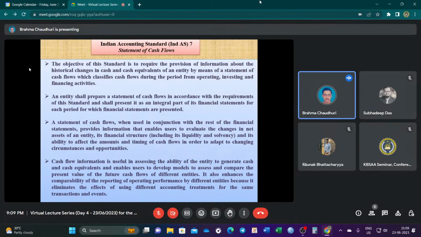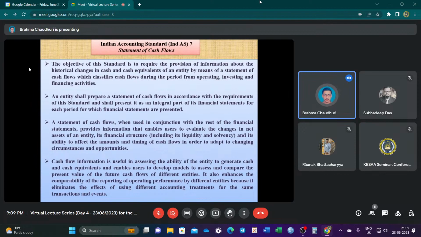And then what is the scope of this standard? The scope states that an entity shall prepare a statement of cash flows in accordance with the requirements of the standard and shall present it as an integral part of its financial statements for each period for which financial statements are presented.